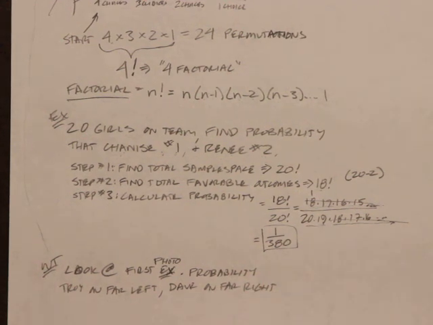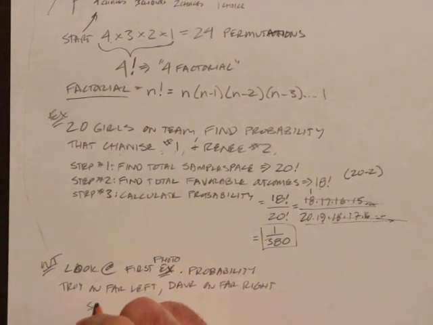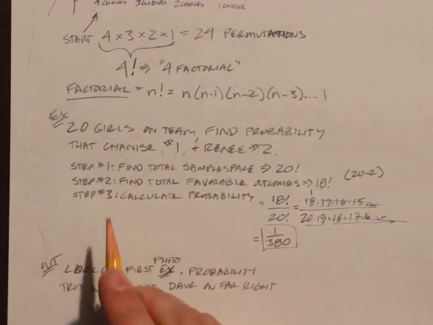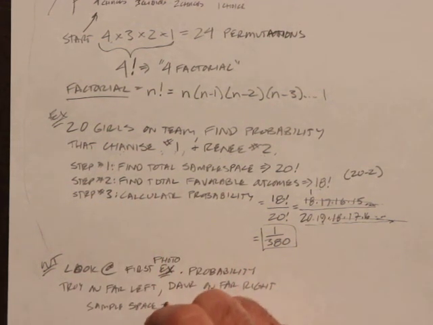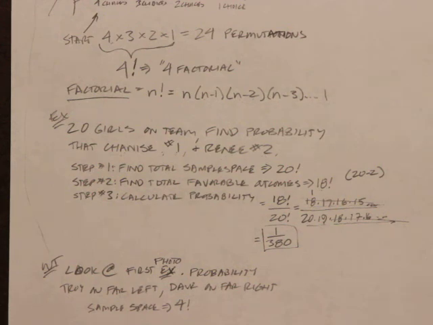Okay, so there are 4 people up there, right? So find what the sample space is. That was step 1, find the sample space, and that is 4 factorial. There's 4 people, there's 4 things being placed, so 4 factorial.